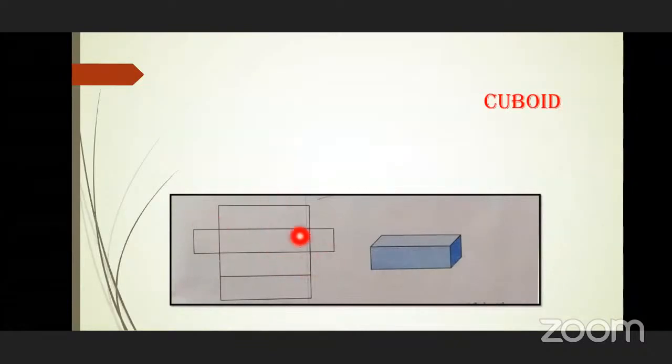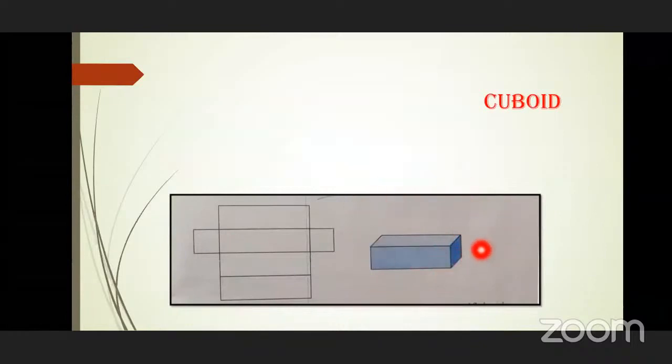And how many squares are there? 2 squares. Now see, these rectangle parts will fold and it will look like this. And these square parts will come at this side, one from this side and one from this side. And we get here a cuboid.